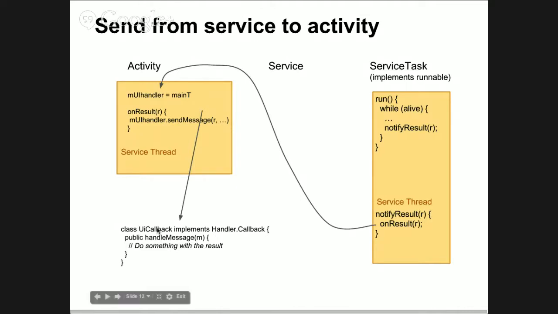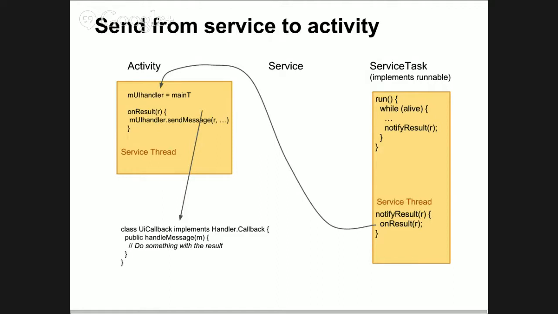This MUI handler is a UI callback instance, so you will see it in the code. When this handler receives a message, it will execute handle message of M, and so here you finally, after all this incredible path, are in the UI thread with the result of the task. So now you finally can update your own UI.